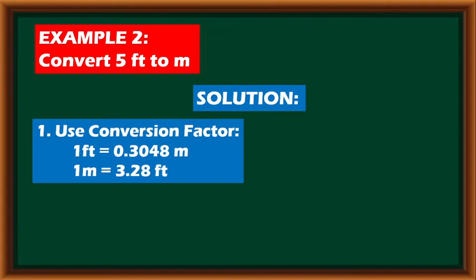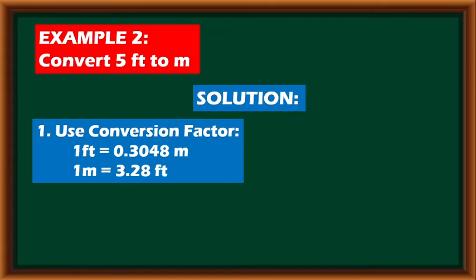Okay? So, 1 foot is equal to 0.3048 meters. Oh, proper reading niya, 1 foot is equal to 3,048 over 10,000 meter. Okay, or 1 meter is equivalent to 3.28 feet.